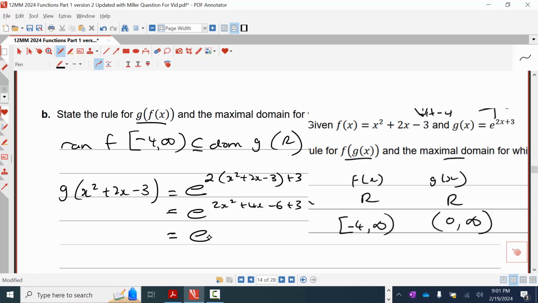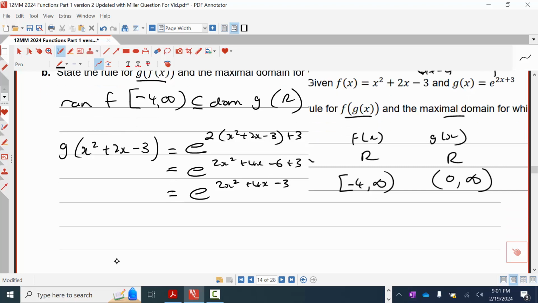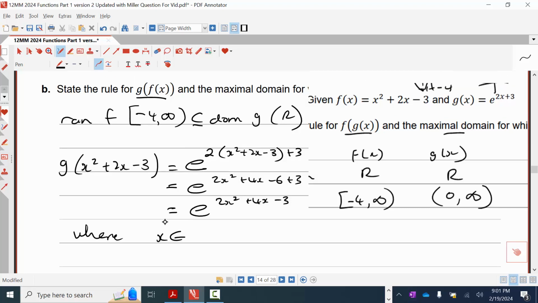Oh, I probably should have done that step in my head. All right, so again, what we're looking for is the domain of the inside function, which was f of x, and f of x had a domain of all reals. So that's going to be the domain of the composite function.